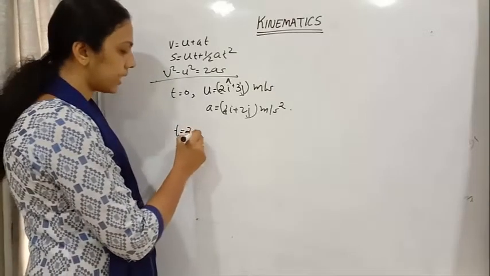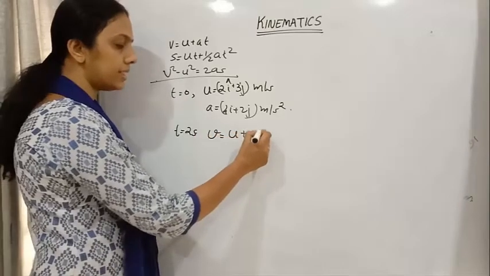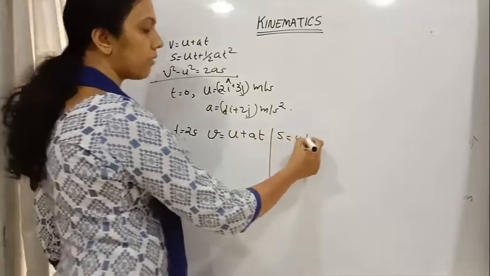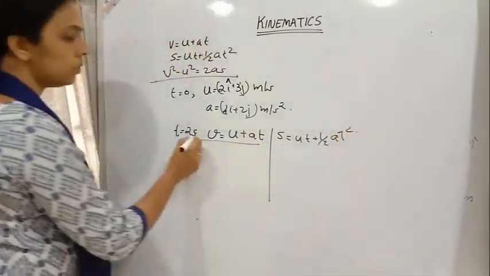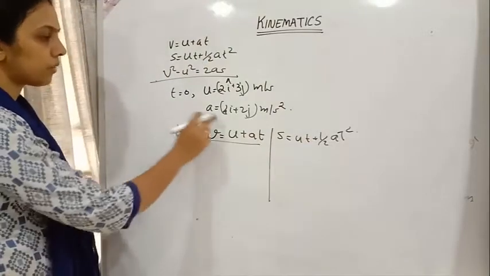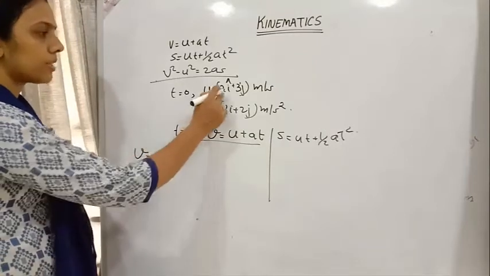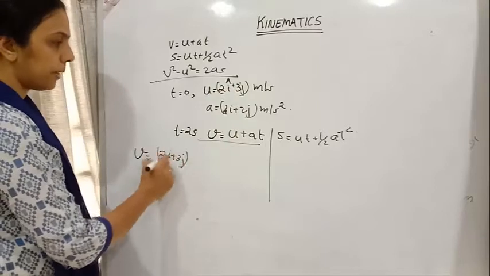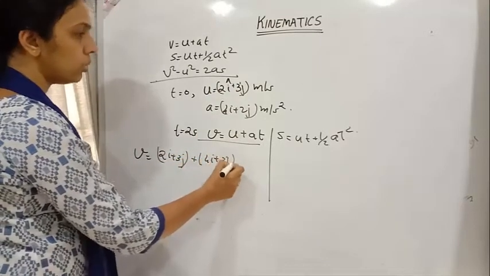When t equals 2 seconds, what is the velocity? v equals u plus at is the velocity equation, and S is equal to ut plus half at square is the displacement equation. First we will do v equals u plus at. v equals, what is the value of u? 2i plus 3j, plus a is 4i plus 2j into 2 seconds.